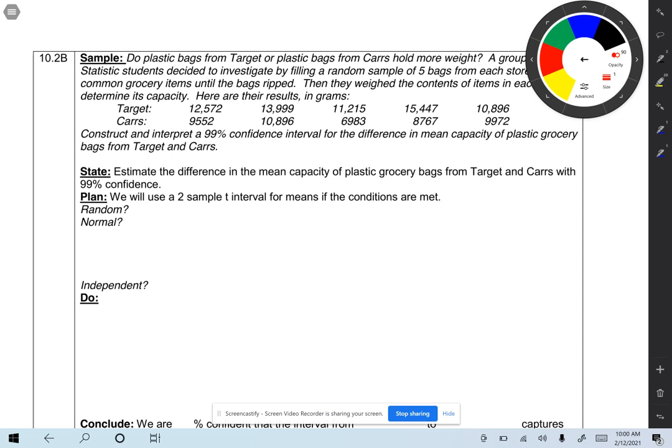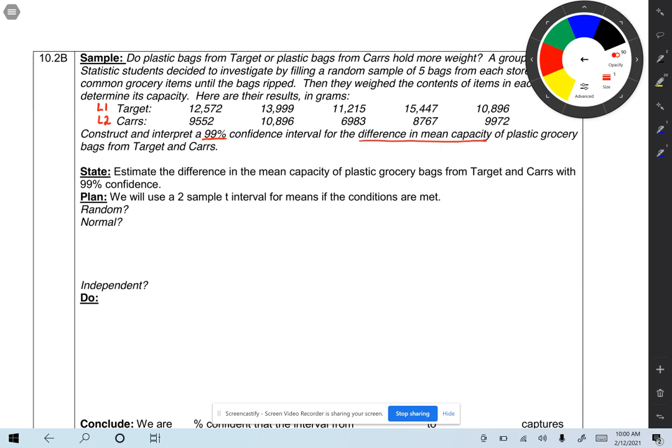So Target, you have your 5 bags. They're the weights in grams, and Cars. So what I did is I put Target in list 1 and Cars in list 2. Construct and interpret a 99% confidence interval for the difference in mean capacity of plastic grocery bags from Target and Cars.